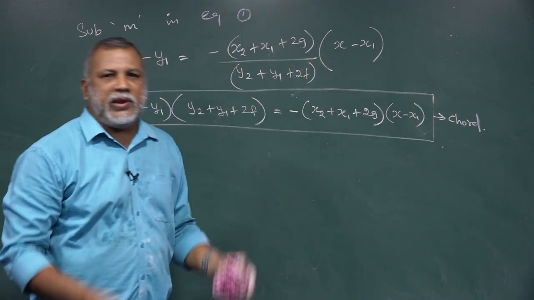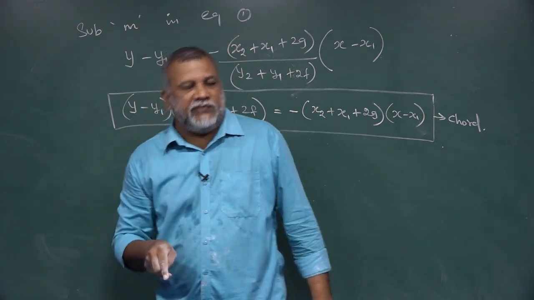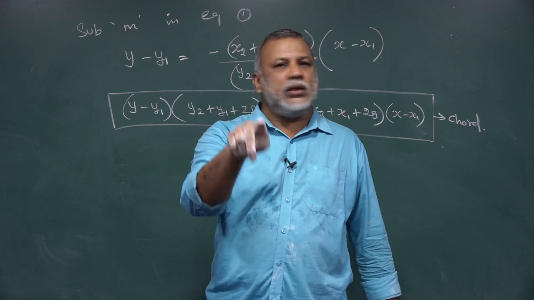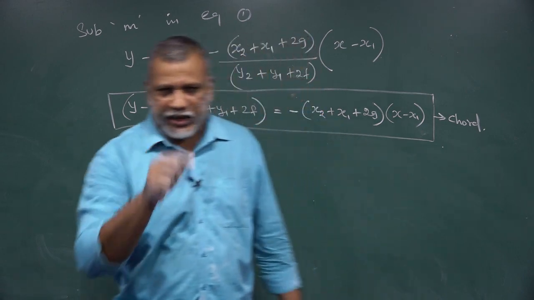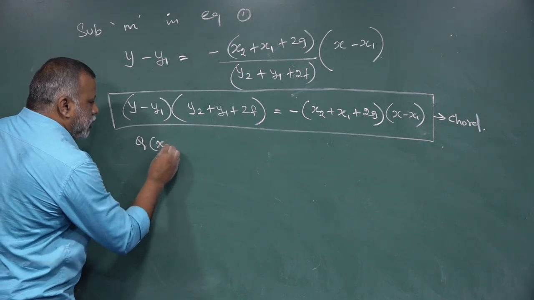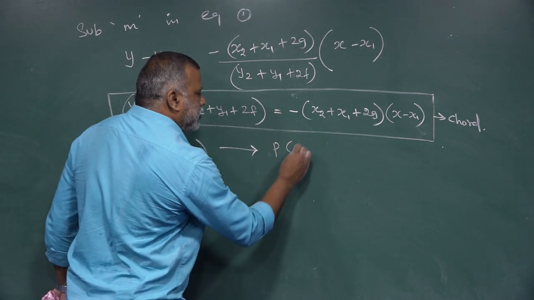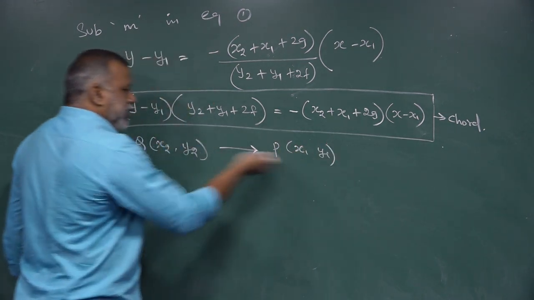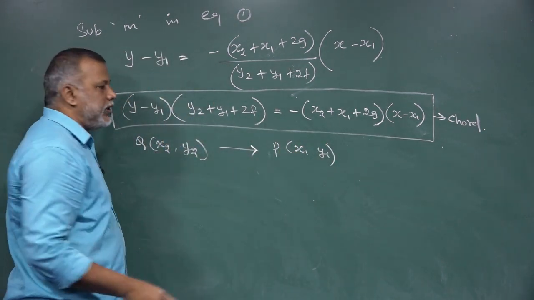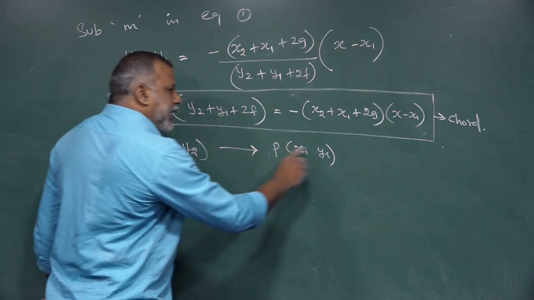Already explained, the point Q(x2, y2) moves along the circumference and finally coincides with P(x1, y1). You can write a sentence: the point Q(x2, y2) moves towards P(x1, y1).